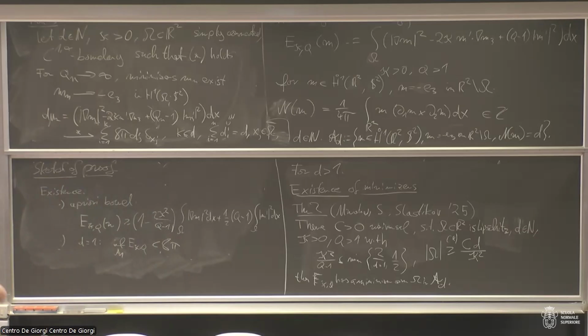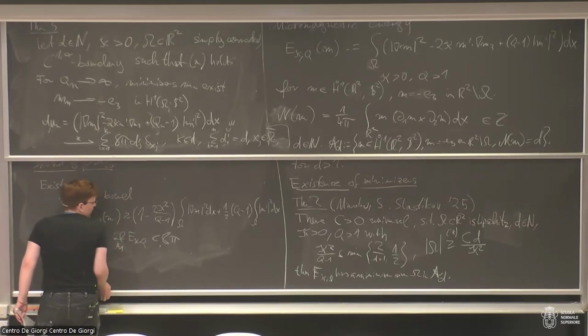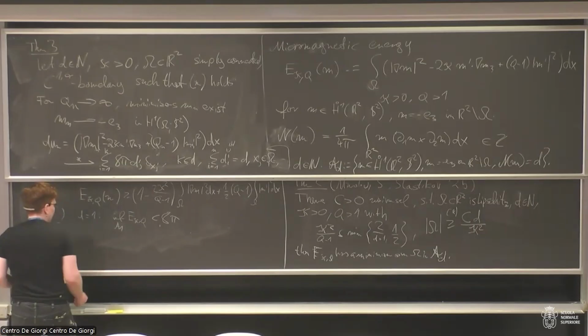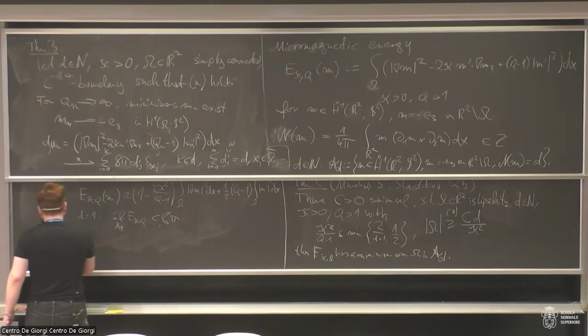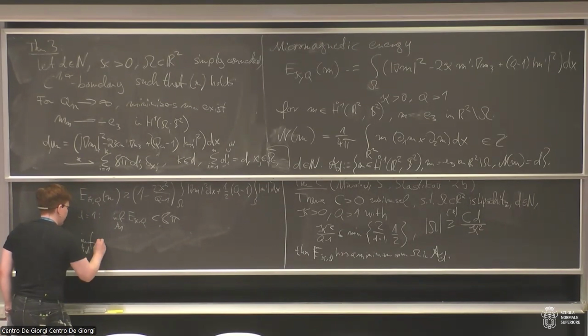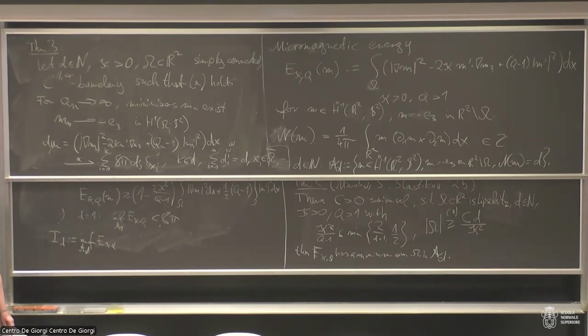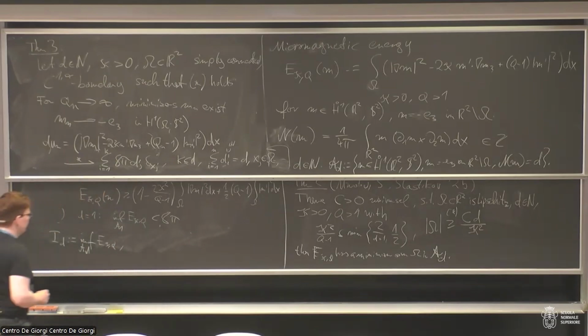So you clearly need some upper bound, and the easiest upper bound you could write down is the following. Let me introduce some notation for the inf over AD, because otherwise it's going to be hell to write down.